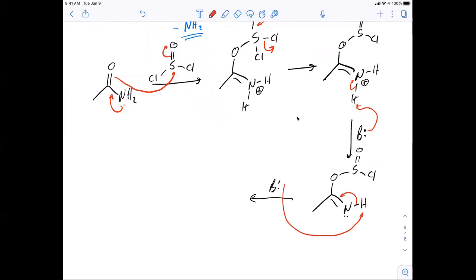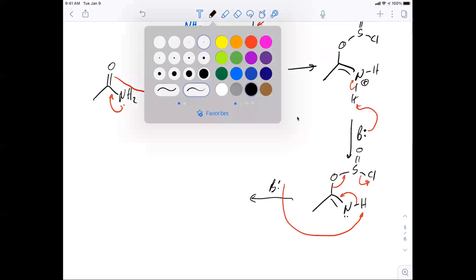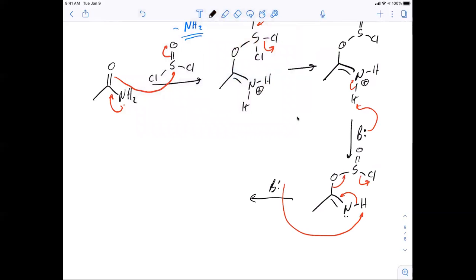Then we get the cascade, like we see with other thionyl chloride reactions. And we end up with a nitrile.